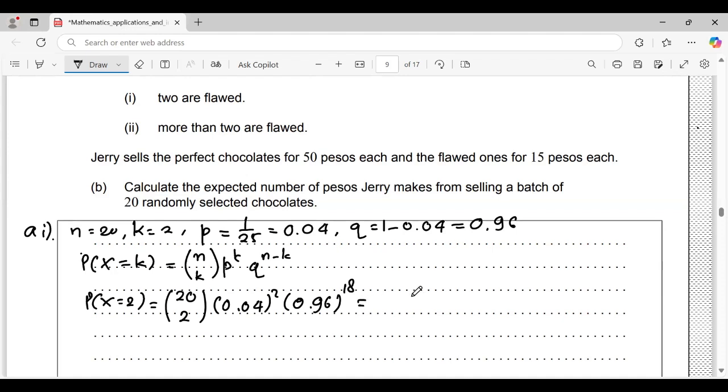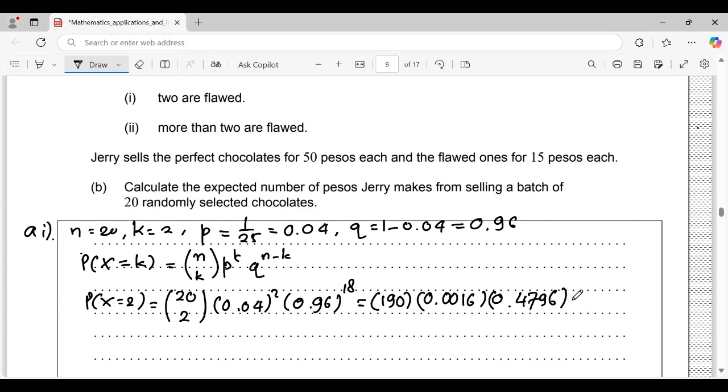So it becomes, and I have calculated this, the combination is 190 and 0.04 squared is 0.0016, and this is 0.4796.